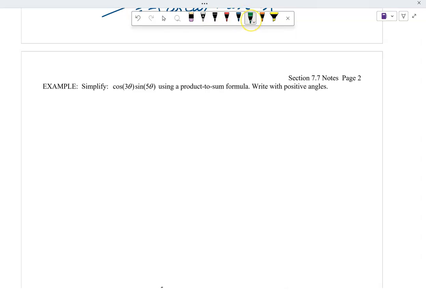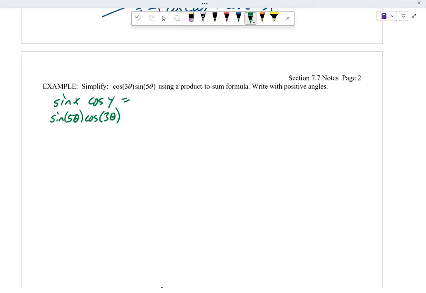All right, we've got another one here: cosine 3 theta, sine of 5 theta. Again, let's rewrite that with the sine first, so the larger angle goes first, and then the cosine of that smaller 3 theta. So we're using sine x cosine y. I go ahead and look at my formula sheet.